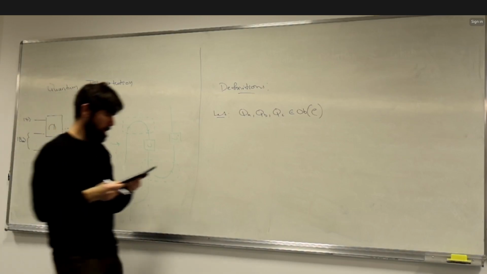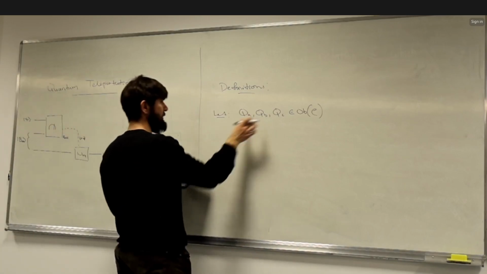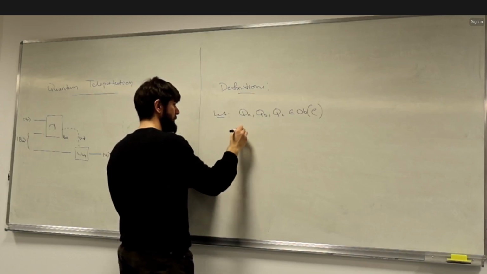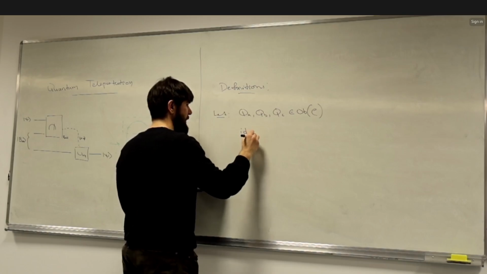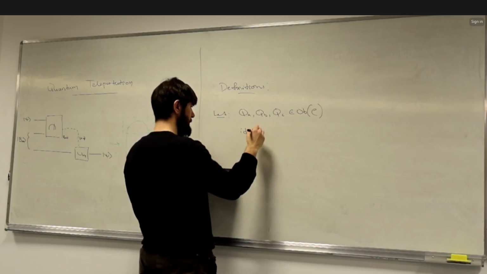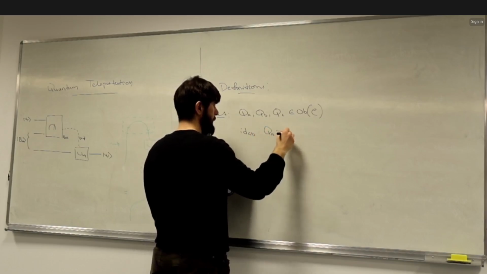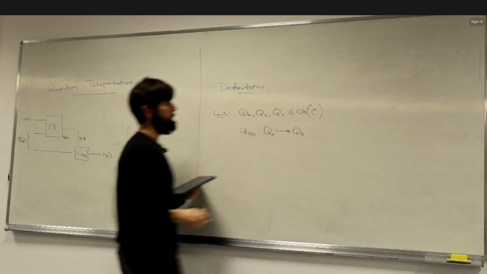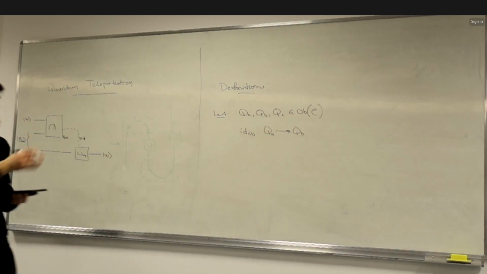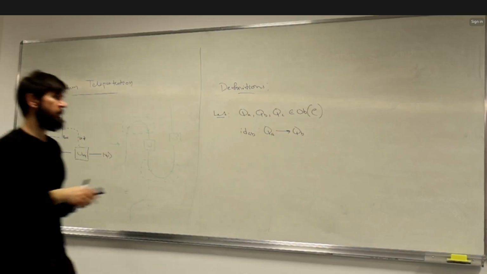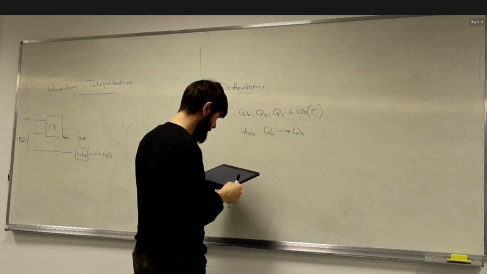And we think of these as being identical objects. So we have some map, say IDAB is a map from QA to QB, and similarly for AC and BC and so on and so forth. So we think of these as identical objects.